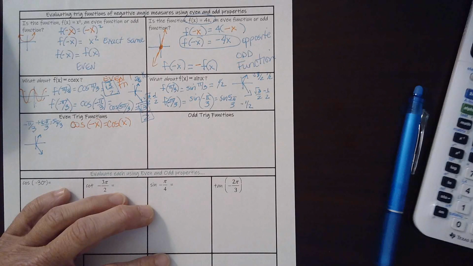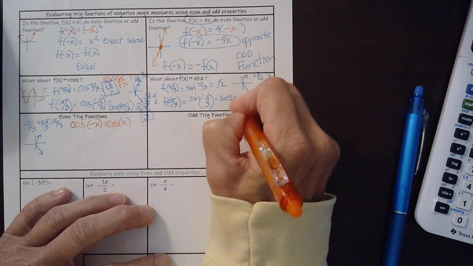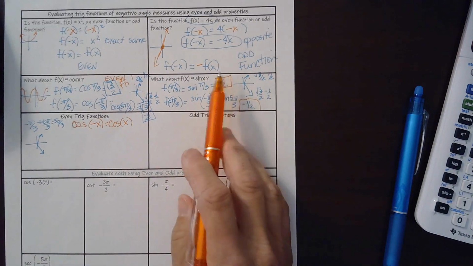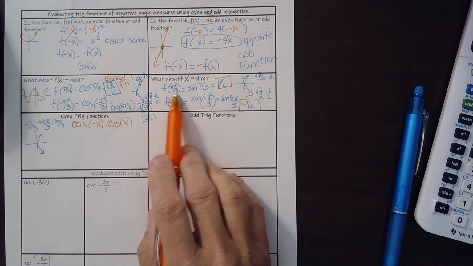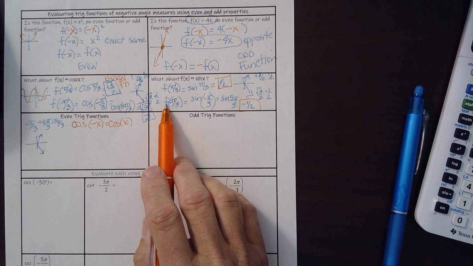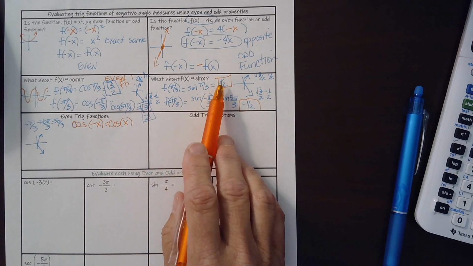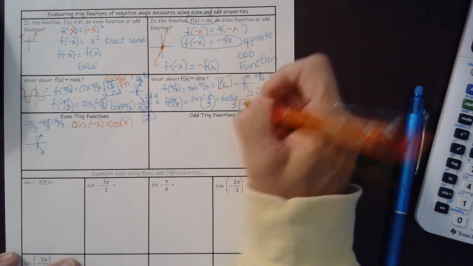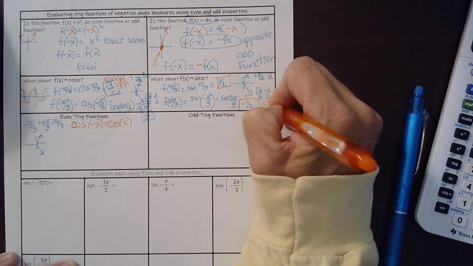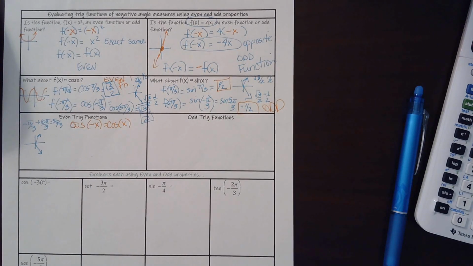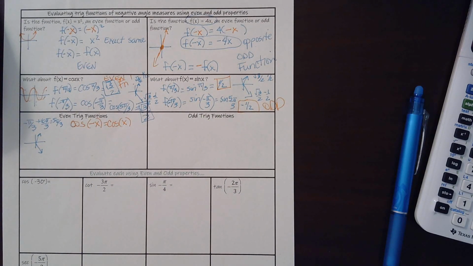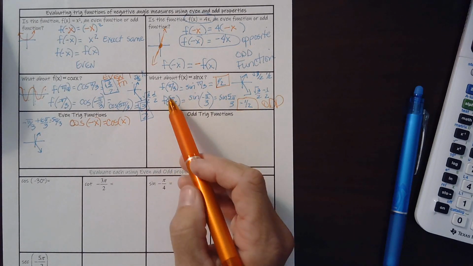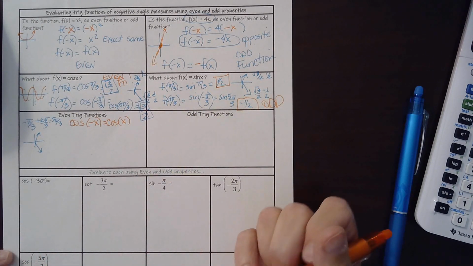Now, if we compare this value and this value, you'll notice that f of pi over 3 and f of negative pi over 3 have exact opposite values. So therefore, sine is an odd function. Okay? And this is true for all pairs of angles, pi over 3 and negative pi over 3.